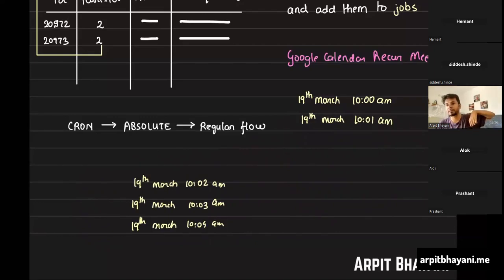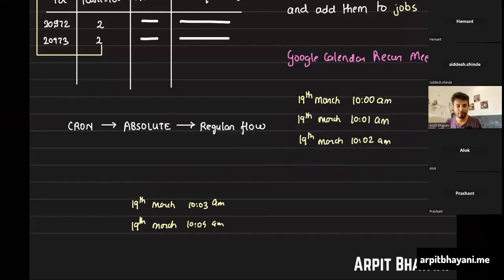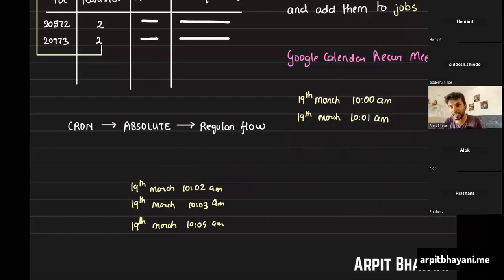But when I'm adding one more, my previous task is getting picked up, right? So now when my 10 a.m. task is picked up, it made an entry of 10:01. When my 10:01 task picked up, it made an entry of 10:02 and so on and so forth. Now, if I don't add a buffer, and let's say the 10:01 task breached the SLA and it executed at 10:03.